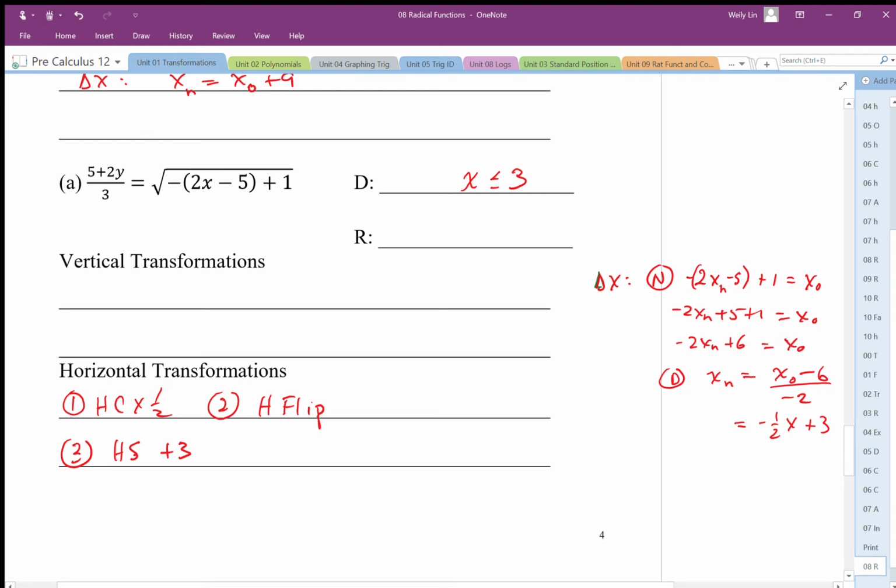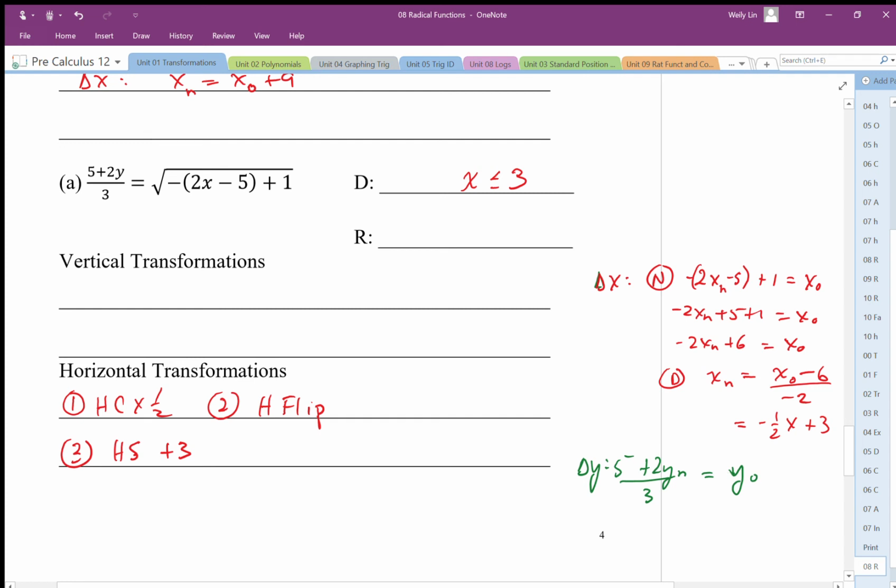So what I'm going to do is I'm going to undo that transformation here. So change in y is going to be 5 plus 2y over 3. And this is actually my new y here. And the square root, I'm just going to write it as my old y because this really is what it is.